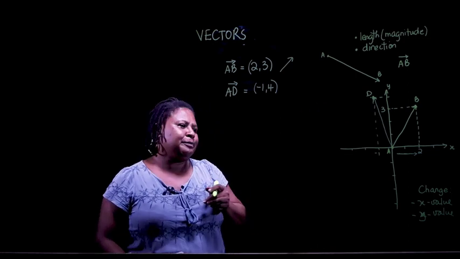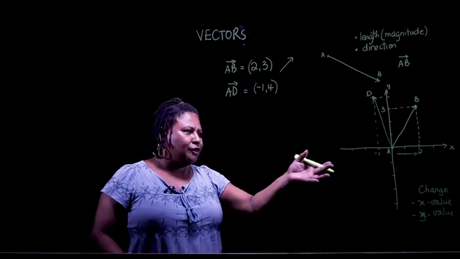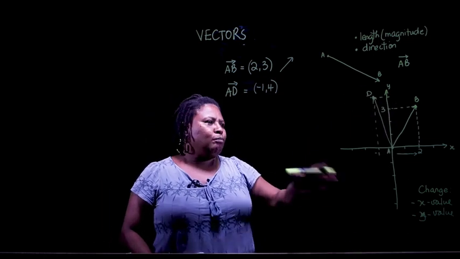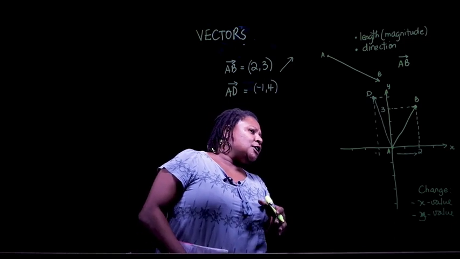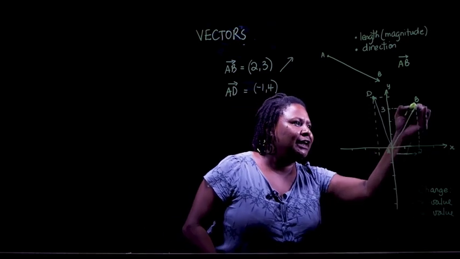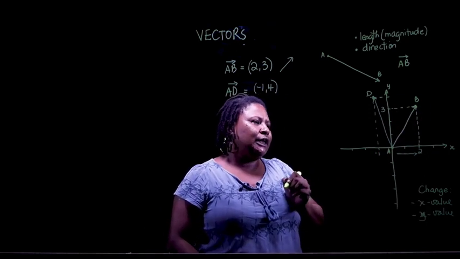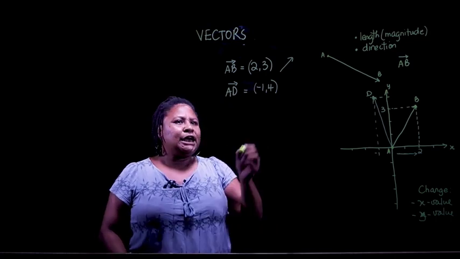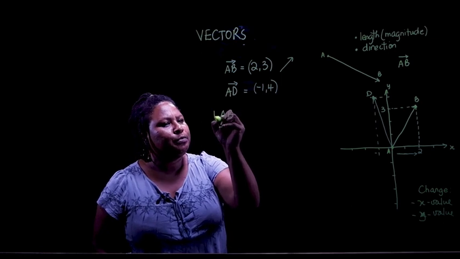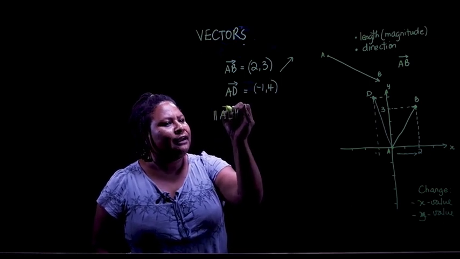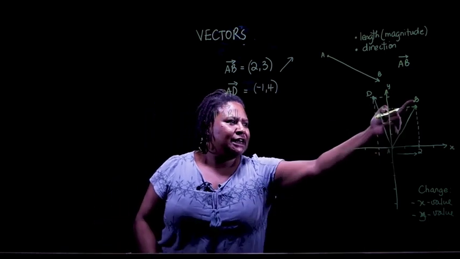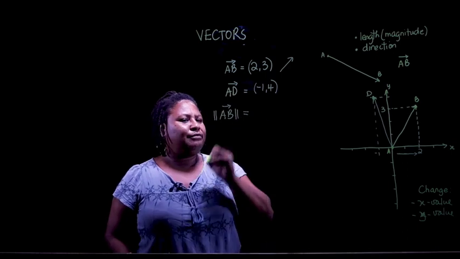Starting at the origin. Now, we found the direction in which I have to go to get to Hohola, but how much distance do I need to cover to get to B? That is represented by the length of our line. If I write AB with 2 strokes on each side, that tells me that I have to find the distance or the length of the vector.